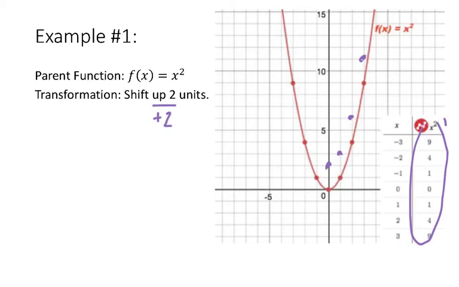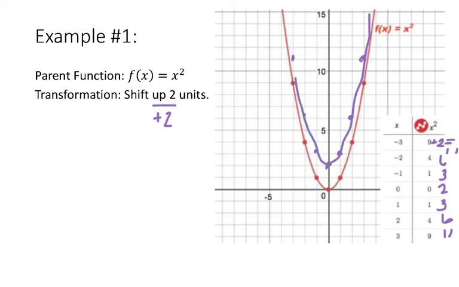So in that case, if I want to change my table to reflect this new graph, I would just add 2 and get 11, or add 2 and get 6, or add 2 and get 3, or 2, and then of course because it's a parabola it's going to go back up again. So that means that our other points are going to be here, here, and here. And so hopefully you can see that as we graph this, it hopefully looks like it was taken from that red equation and shifted up 2.